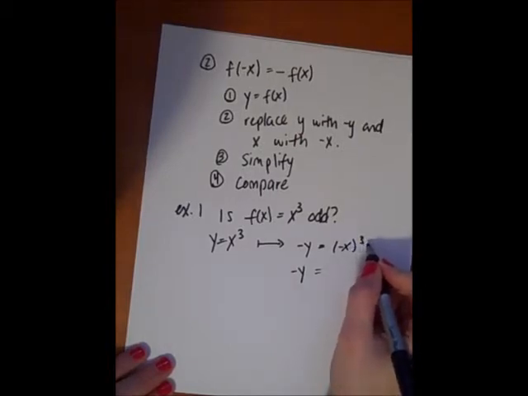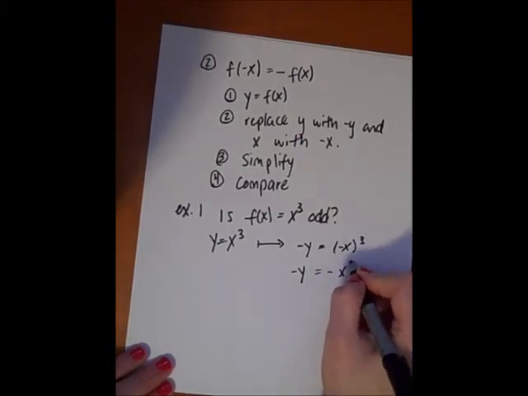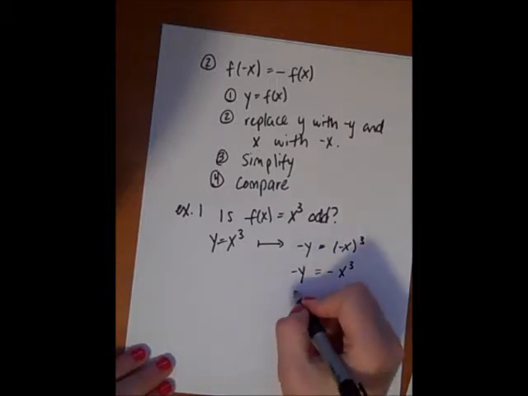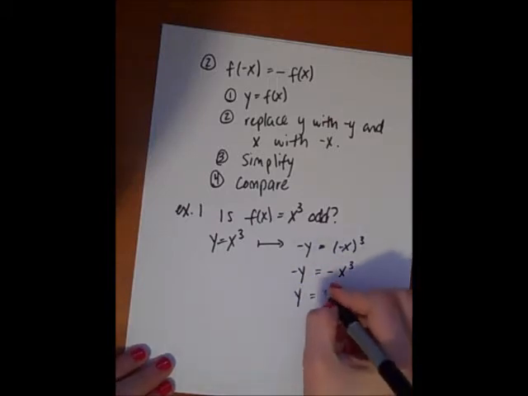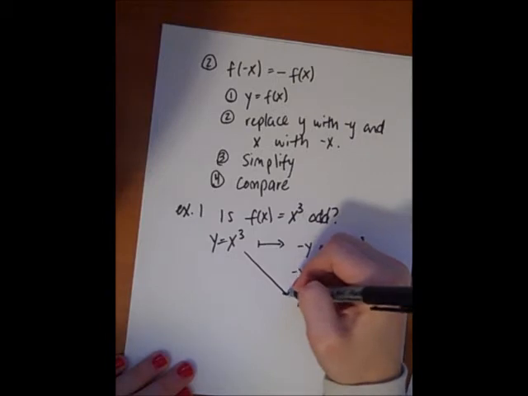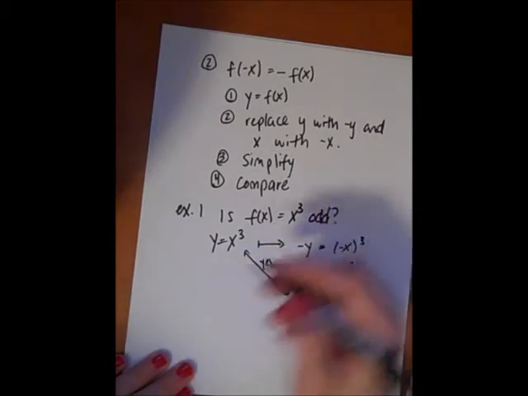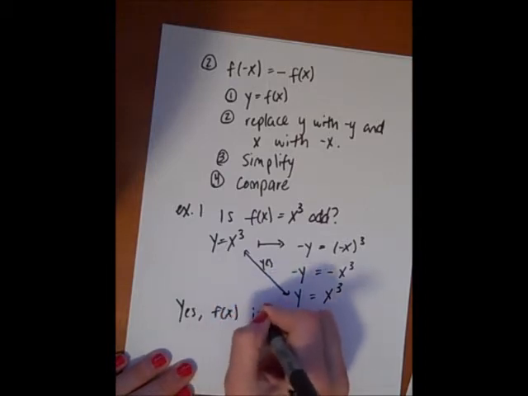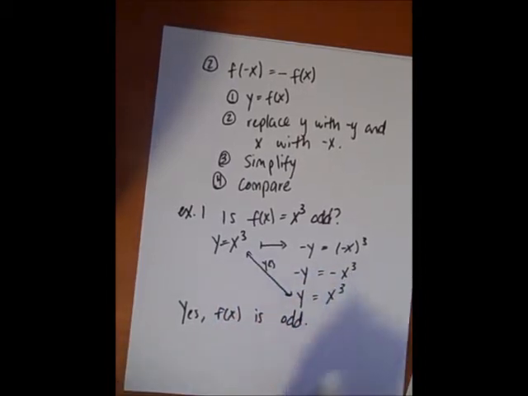X here has an odd power, so this is the same as negative x cubed. Now I have a negative on both sides, so let's divide by negative 1 on both sides, so I get y equals x cubed. Are these two equations the same? Yes, they're the same. So the answer here is yes, f of x is odd.